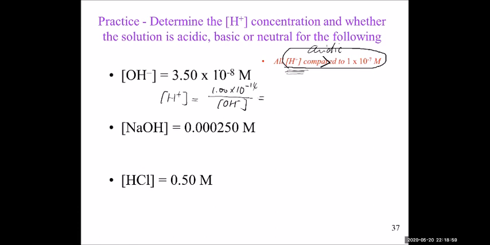Use my scientific calculator, and I have the answer for that. Because this is 3 sig figs, 1.00 times 10 to the negative 14, I can only keep the answer to 3 sig figs.